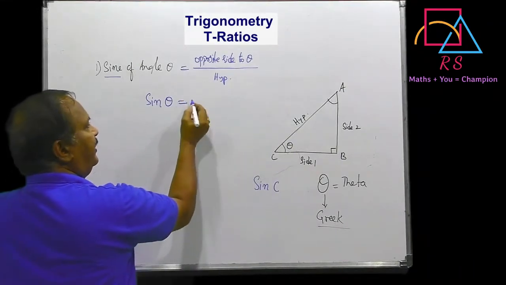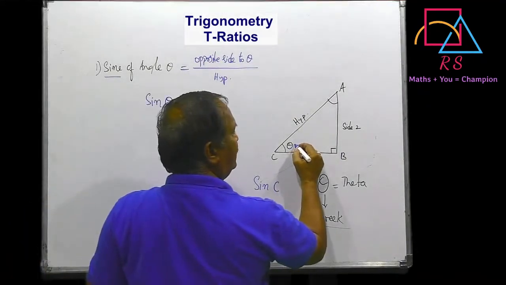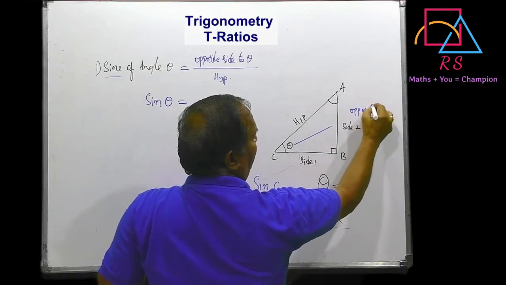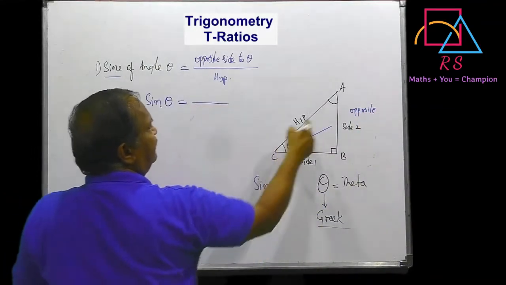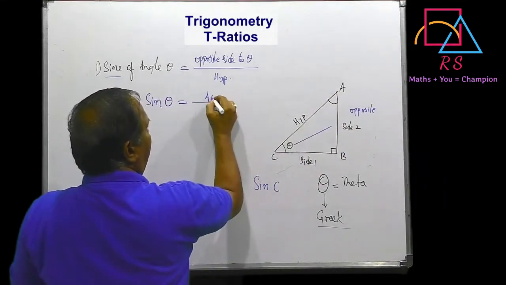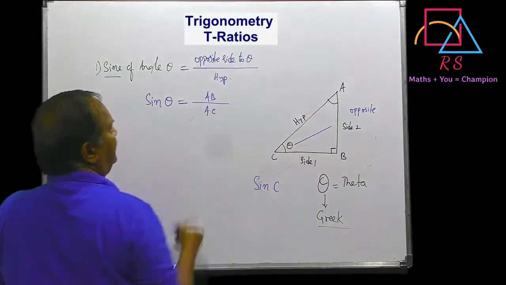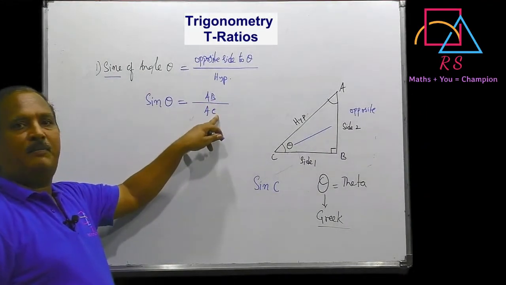So then what is the opposite side to theta? This is the opposite side. So the opposite side is nothing but AB and hypotenuse is nothing but AC. So sin theta is equal to AB by AC.